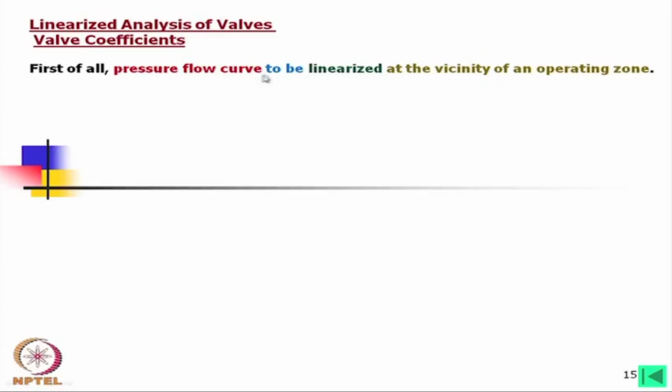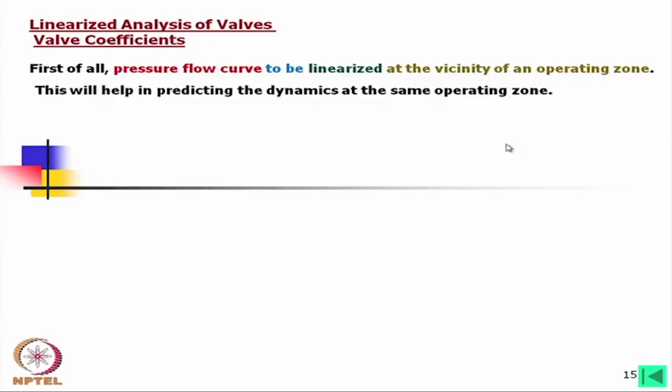First of all, the pressure flow curve is to be linearized in the vicinity of an operating zone. We have shown that the pressure flow curve is Q L, which is a function of x v and P L. Now we expand that equation and we will find how it can be solved.